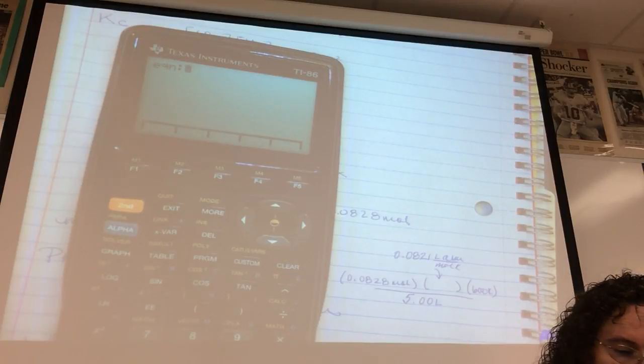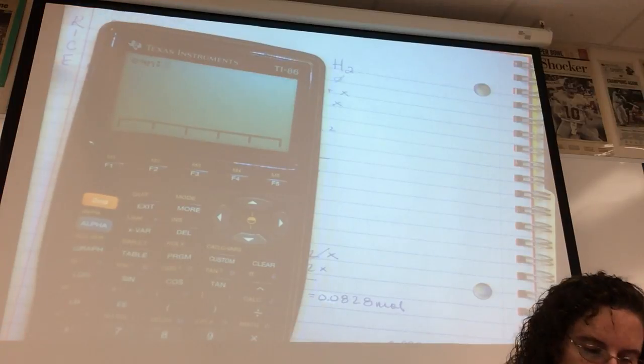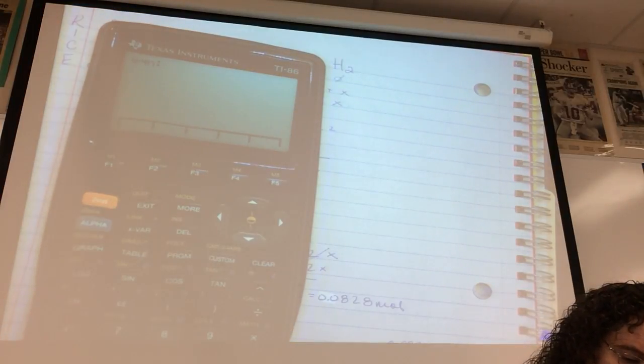Okay, so my equation I'm going to type in is 54.3 open parentheses 0.8 minus x close, open 0.5 minus x close, minus 4x squared equals.